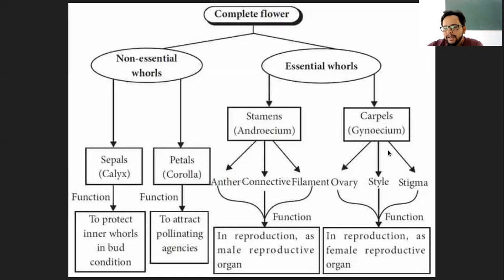And the carpel is divided into three parts: ovary, style, and stigma. The functions we already know. So this is a quick summary of this diagram. Whenever you are writing an exam, you don't have to read all that information. You can quickly revise just by looking at this diagram.